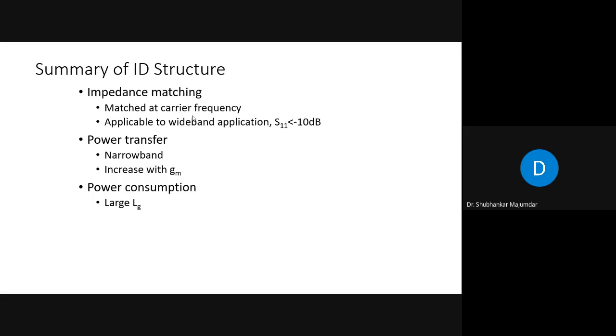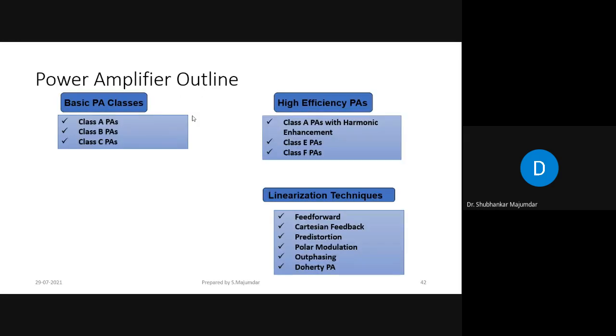For this reason, at higher band it will not be matched, because as you all know XL is equal to omega L. At higher frequency, if f is increasing, the impedance of the inductance will change, and the matching or power transfer will not be possible. Also GM increases, and the power consumption is very large because it is on the gate side.